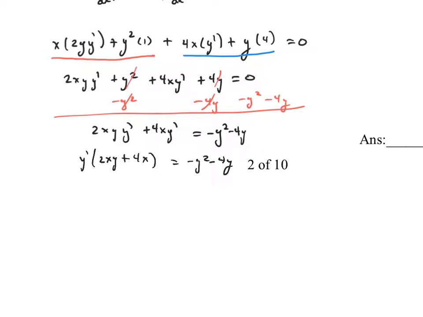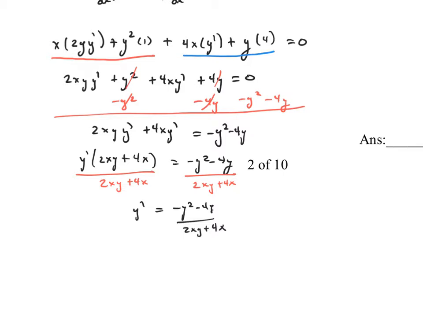So it factors into y prime times the quantity 2xy plus 4x. Now let's divide both sides of the equation by that 2xy plus 4x. And I end up with y prime equals negative y squared minus 4y all over 2xy plus 4x.